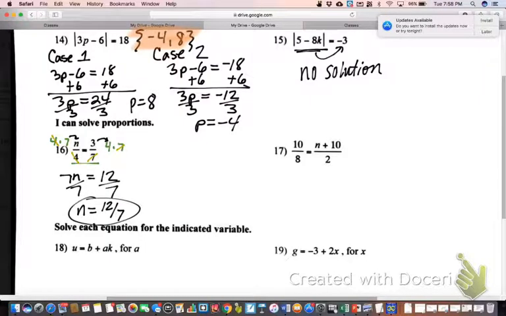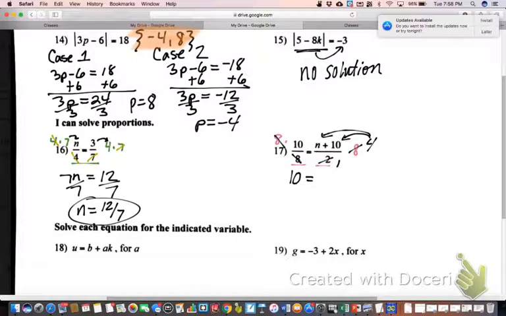Remember, we like fractions. For number 17, I'm going to do exactly the same thing, except I'm just going to multiply by 8, because if I multiply both sides by 8, 8 will cancel out both sides of my denominator here, because it's the least common multiple. So 8 cancels out 8, which is just going to leave me with a 10. And then 8 divided by 2 is 4. 2 divided by 2 is 1.